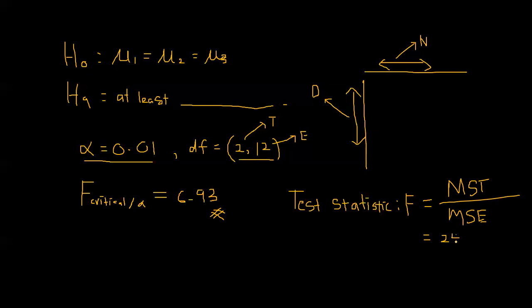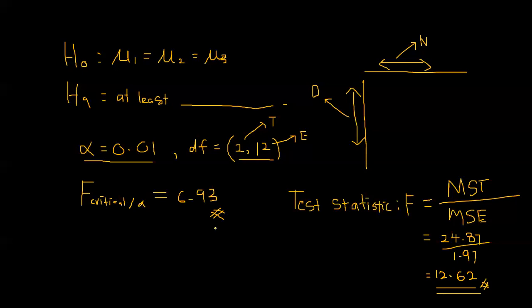That is 24.87 divided by the value of MSE, 1.97, which is equal to 12.62. Okay, so now you can do the comparison. The test statistic F is 12.62.